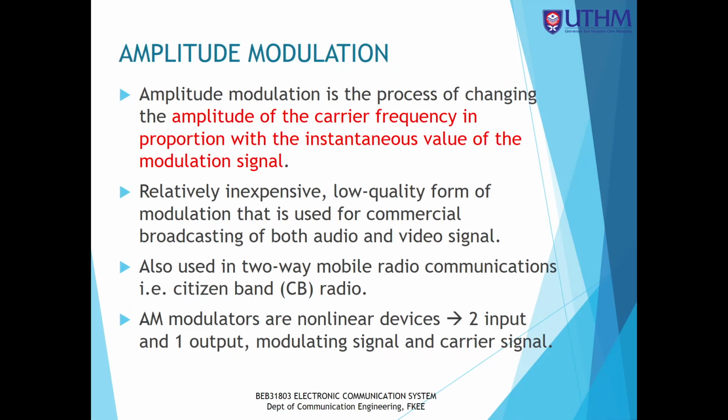Amplitude modulation is the process of changing the amplitude of the carrier signal in accordance with the amplitude variation of the input signal. So in this case, the amplitude of the carrier varies with the variation of the amplitude of the input signal. Amplitude carrier berubah-ubah berkadaran dengan perubahan amplitude input signal. That means it changes in terms of up and down.